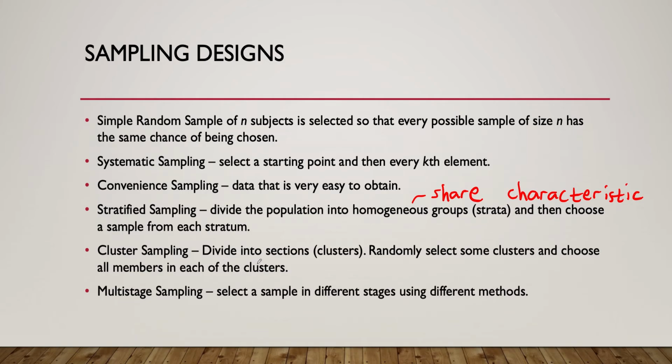Cluster sampling is when we divide into sections or clusters, and then randomly select some clusters and choose all members in each of those clusters. And then finally, multi-stage sampling is where you select the sample in different stages using any of these different methods, although not convenience sampling.